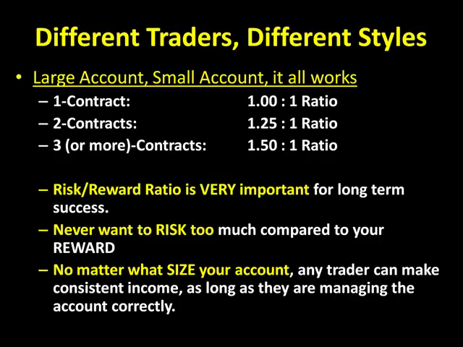For 2 contracts, 1.25 to 1, and for 3 or more contracts, 3, 4, 5, 6, all the way up to about 19, 20 contracts, you'll be having a 1.5 to 1 ratio, which means we're going to risk 1.5 times what we were trying to see as a reward, which means that anything above a 75% winning ratio means we will make money every single day in the long run.